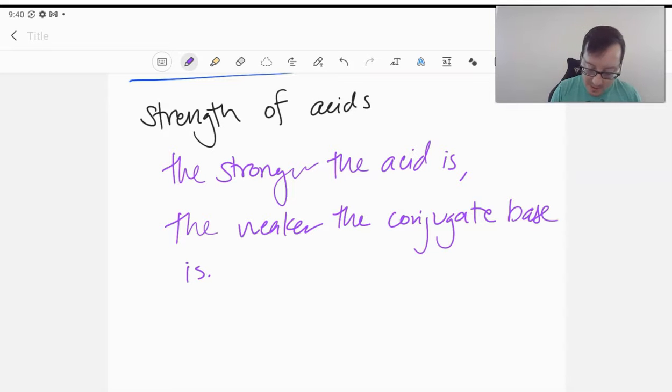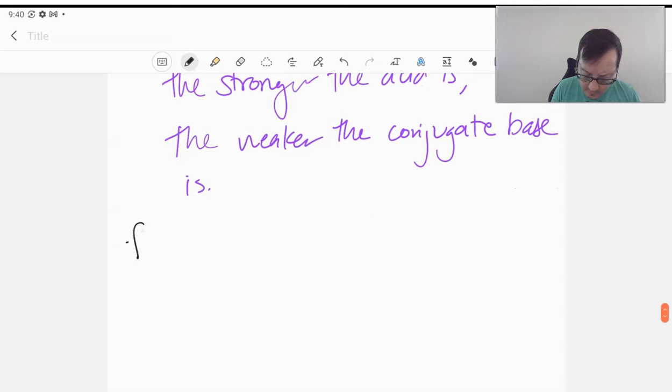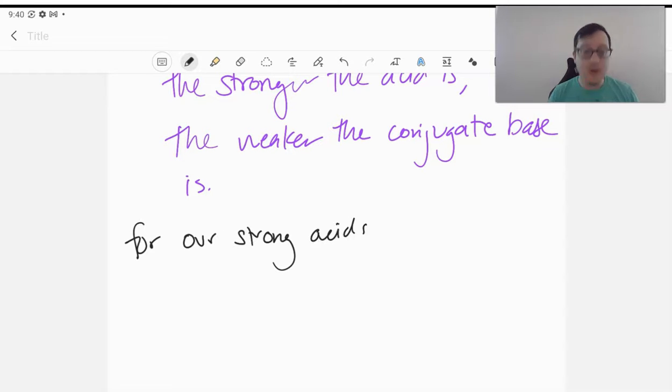So with that in mind, we can say a couple of things. For our strong acids, as you remember, the strong acids were the halogen acids except for fluorine, sulfuric, nitric, and perchloric acids.